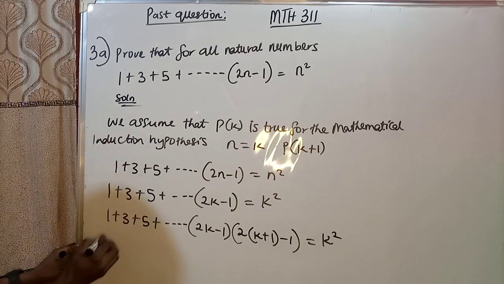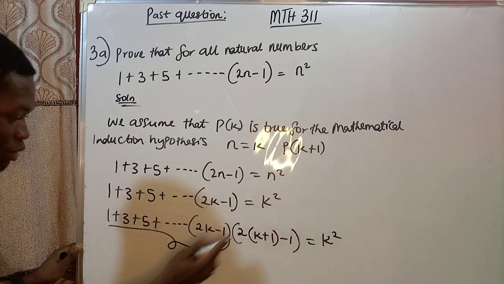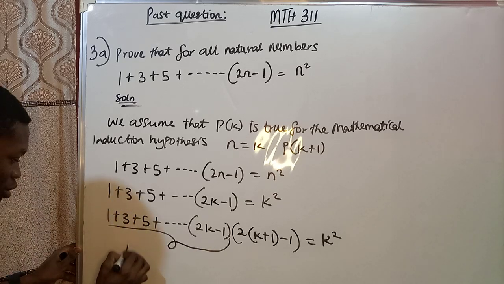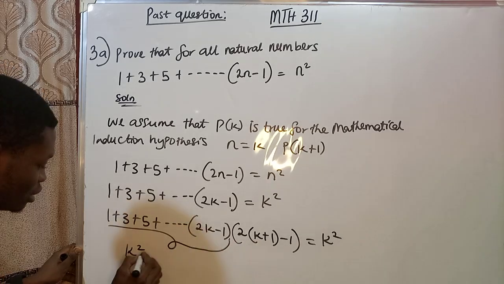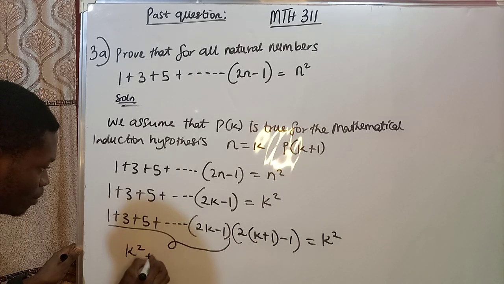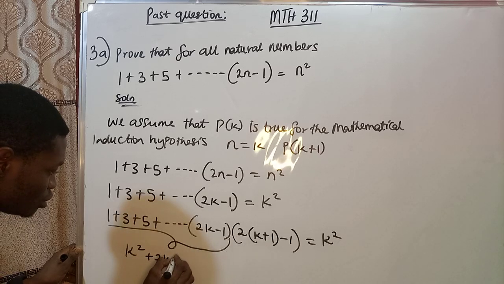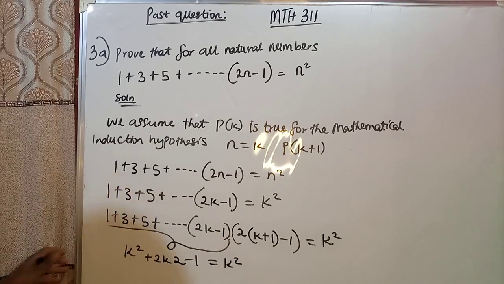Now let's go ahead. Remember that this thing is equal to what? K squared. So we can replace this whole thing with what? K squared. So we're going to have k squared. Let's open this parenthesis. 2 times k is what? Plus 2k. 2 times 1 is what? 2. Then minus 1 is equal to k squared.